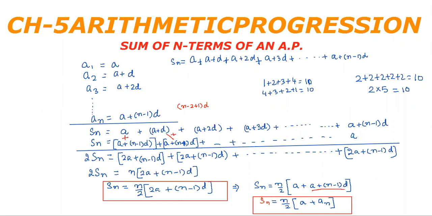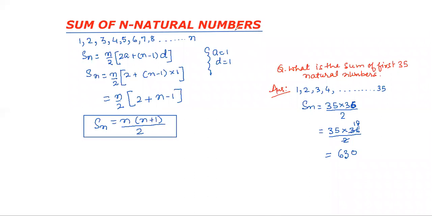Now let's see the application of this formula in deriving some very important results. So children, let's find the sum of n natural numbers. What is the formula for finding the sum of n natural numbers? Using this formula only, you are able to get that formula also.